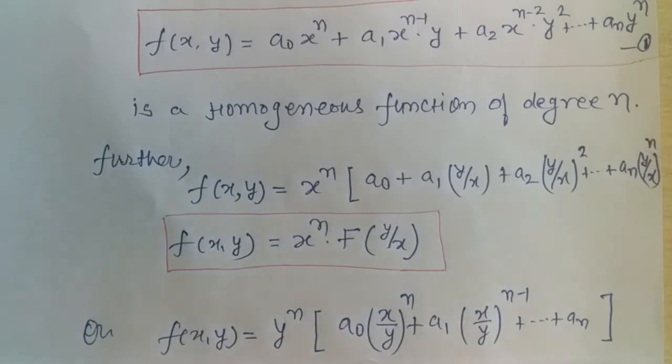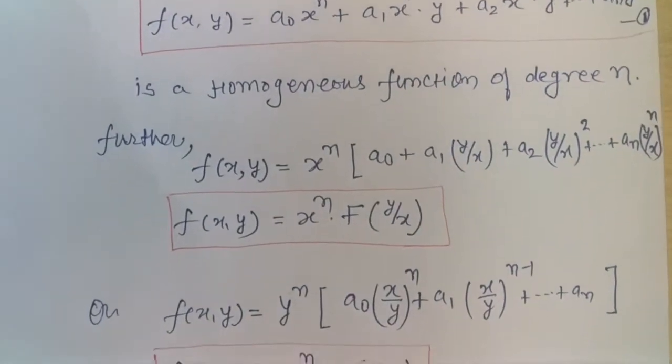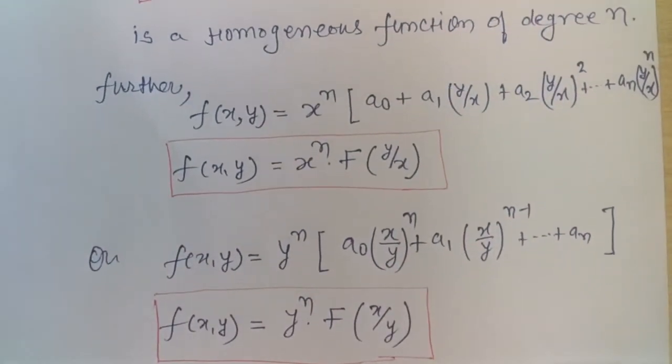So further the homogeneous function of degree n can be expressed as f(x,y) = y^n f(x/y).